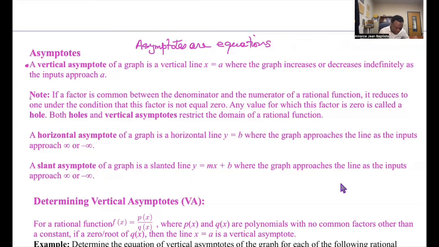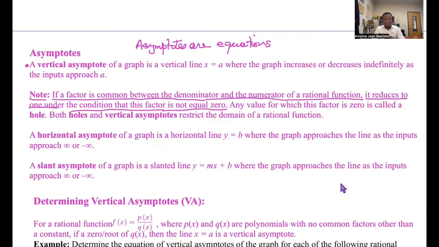But we have to note that if a factor is common between the denominator and the numerator of the rational function, it reduces to 1 under the condition that this factor is not 0. Under that condition, you can simplify it.